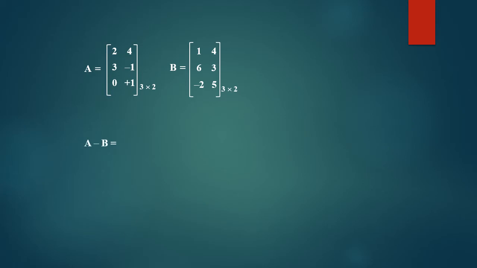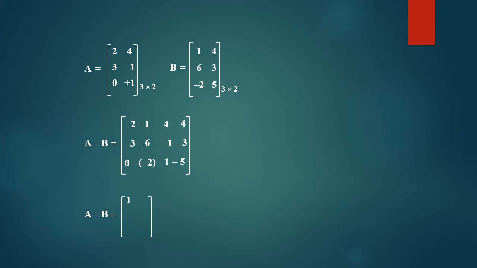So here we will try to understand the subtraction process A minus B. So A minus B is equal to 2 minus 1, 4 minus 4, 3 minus 6, minus 1 minus 3, 0 minus of minus 2, 1 minus 5. So on simplifying, we get A minus B equal to 1, 0, minus 3, minus 4, 2, minus 4.